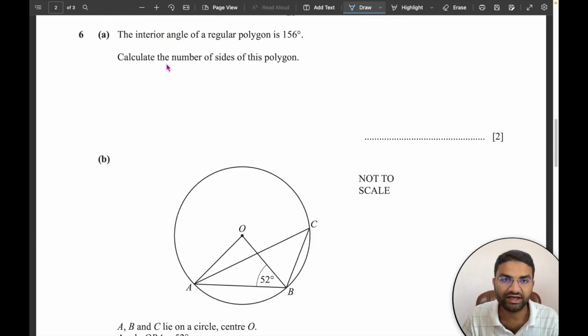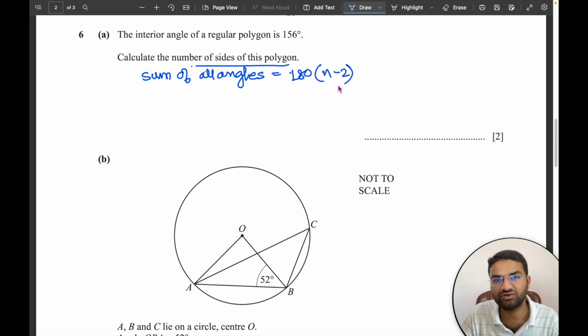Firstly, the interior angle of a regular polygon is 156. Calculate the number of sides of the polygon. The sum of all angles is 180 times (n minus 2), is the formula that we have. The sum of all the interior angles is the number of sides n times the interior angle.